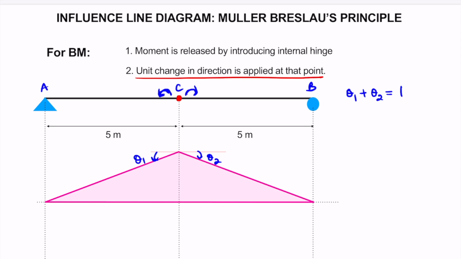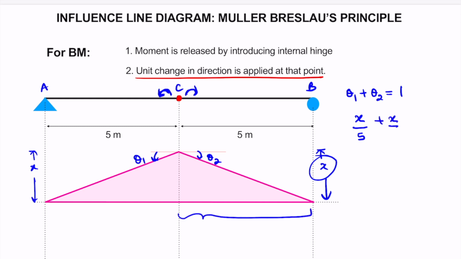We can easily find the value of theta. Let's call this distance as x. Theta 1 will be equal to x divided by 5, and theta 2 will also be equal to x divided by this distance 5.